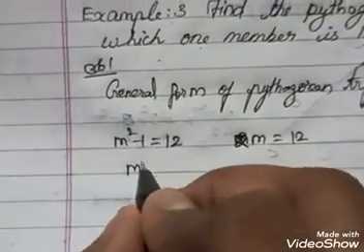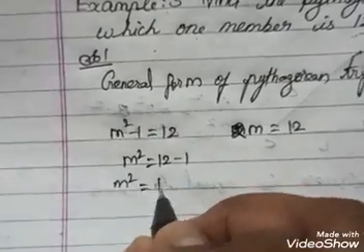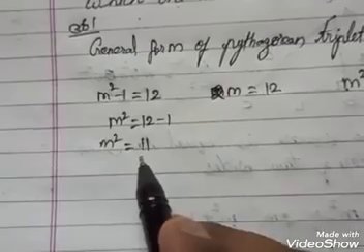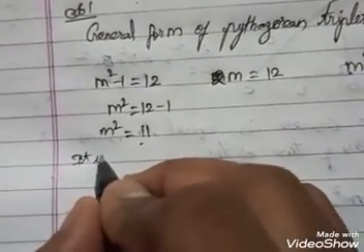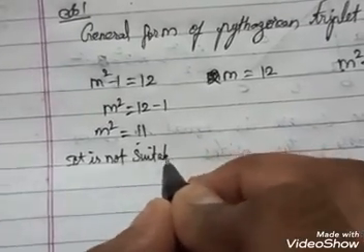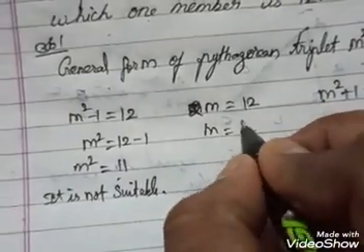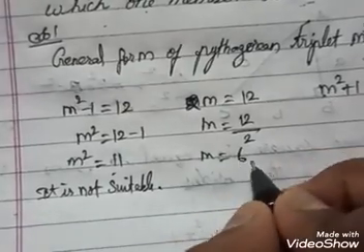So we get m square equal to 12 minus 1, m square equal to 11. So listen, 11 is not a perfect square, so it is not suitable. And next we take m which is equal to 12 divided by 2, m which is equal to 6.